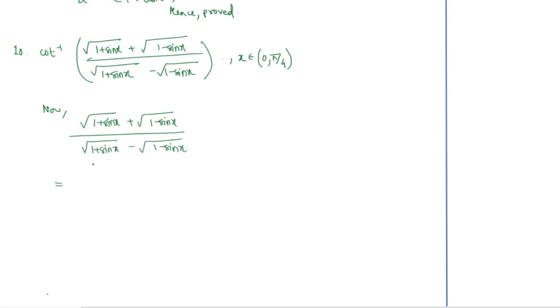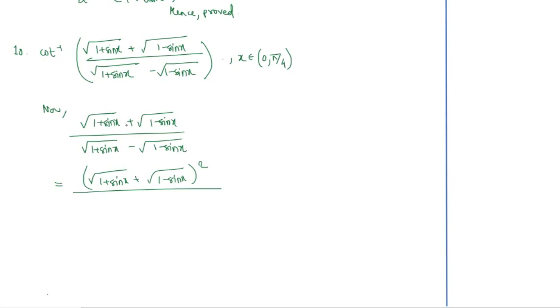If you rationalize it and remove the root expressions from the denominator completely, you need to multiply this by a positive quantity. Here, if this is a and this is b, then a minus b into a plus b is what we need. So we multiplied a plus b in both numerator and denominator.